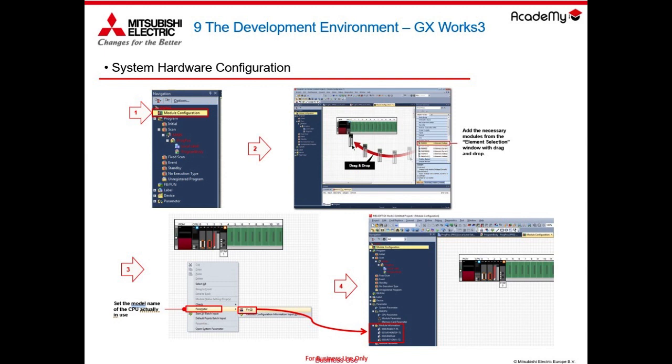Here, on the right, in our element selection, we will find the list of all hardware components and devices that we can add to our configuration. Once added by drag and drop, a parameter fix will follow: right click, parameter fix, so that the modules and their respective buffer memories will be digested by the system.